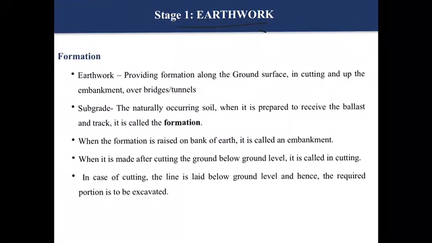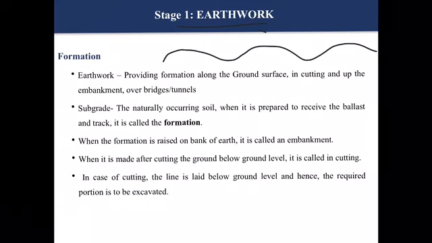What is earthwork, why it has to be done, and what are the methods of doing earthwork. When you take any railway alignment, the ground surface will be irregular. You cannot lay your railway track on such irregular surfaces.